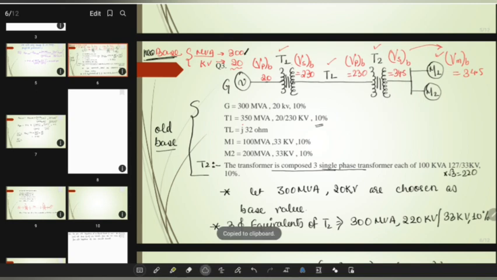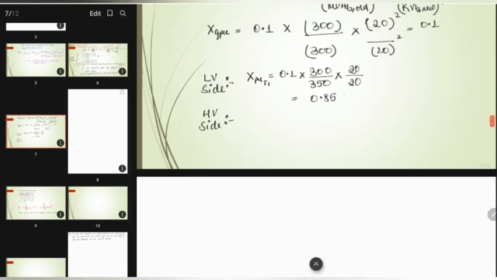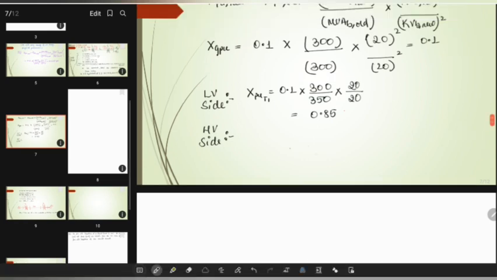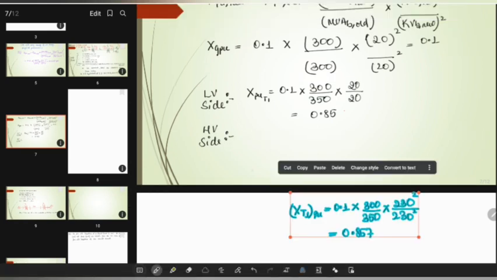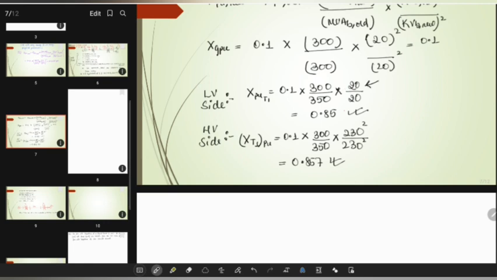Okay. See, we got the same result, right? So it depends, if you are taking new base value to LV side, then you have to take old base value in LV side only.